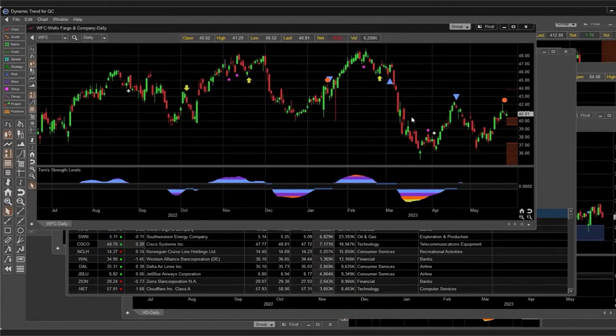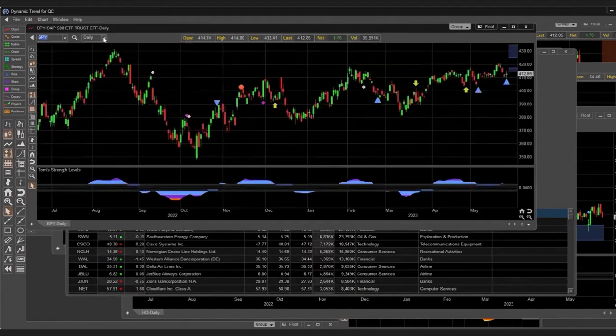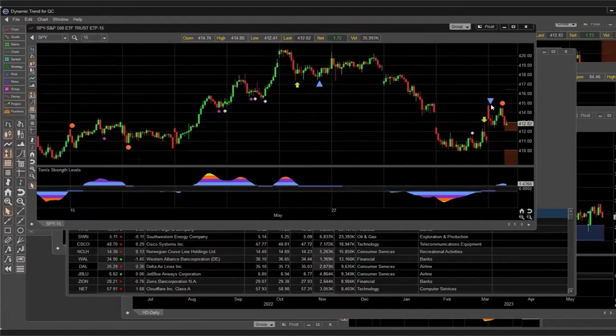I like the software. These signals are great. You can look at intraday charts, and you can get these signals on short-term time frames. Look at that, it just gave a couple of bearish signals on the SPY, 15 minute. And they tend to be pretty accurate.